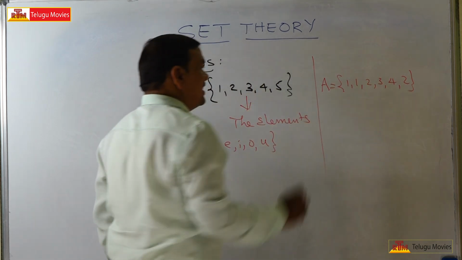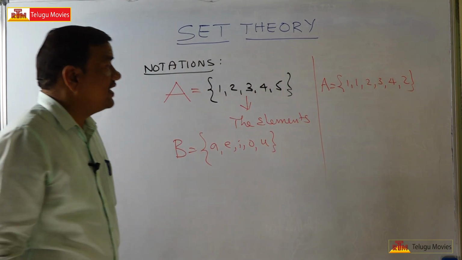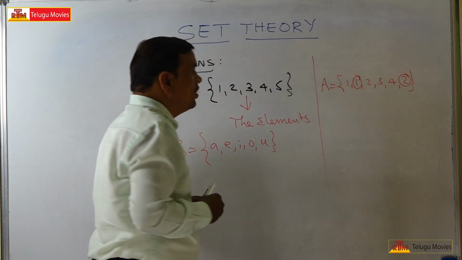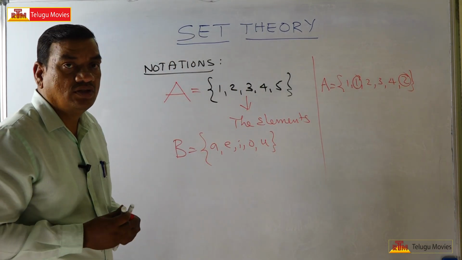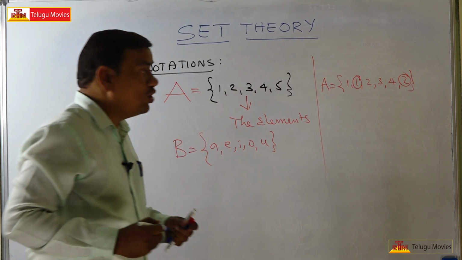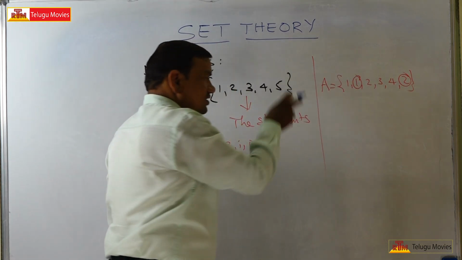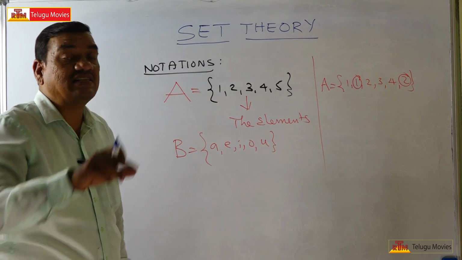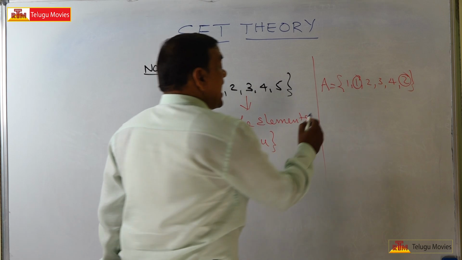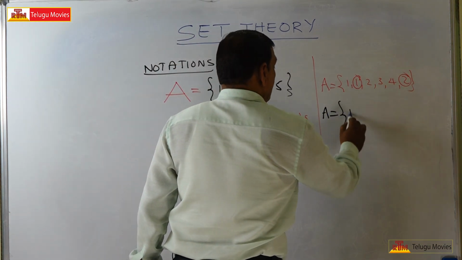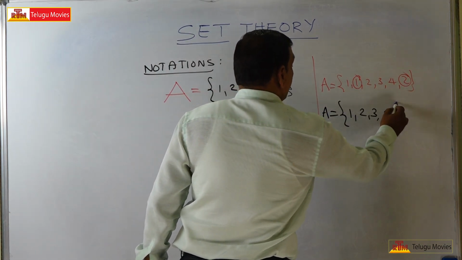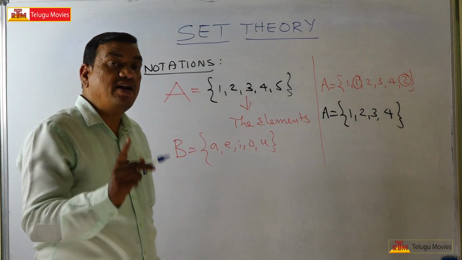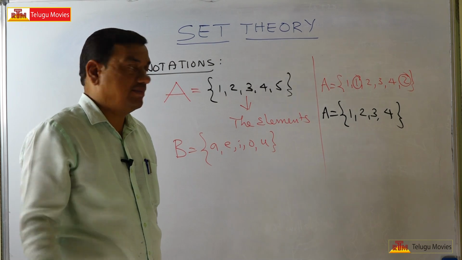Yes, it is also a set. But you should be careful about the repetition of the numbers. Here, 1 is repeated 2 times and 2 is repeated 2 times. Of course, this also can be called a set. But while writing the set, you should write 1, 2, 3, 4, that's all. Both sets are equal. Understand? So one element should be written only one time.